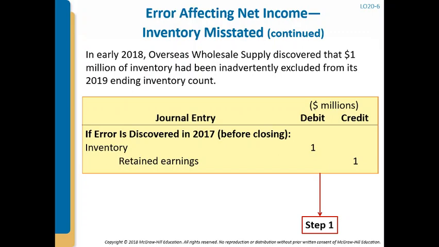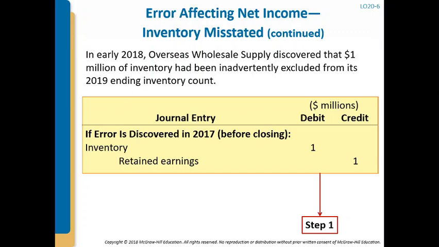Now here they change up the situation. In early 2018, Overseas Wholesale discovered a $1 million amount of inventory that had been inadvertently excluded from its 2016 ending inventory count.